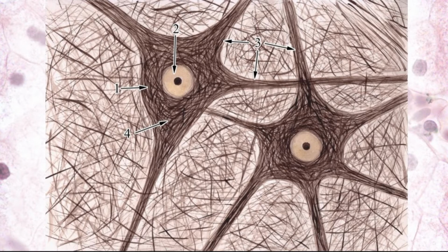They are visible here as dark lines in the cytoplasm, and they form a three-dimensional network inside the cells. So they provide maintenance of the shape of neurons, and also they provide axon transport of substances inside the cells and inside the processes, and they provide essential functioning of the neurons.